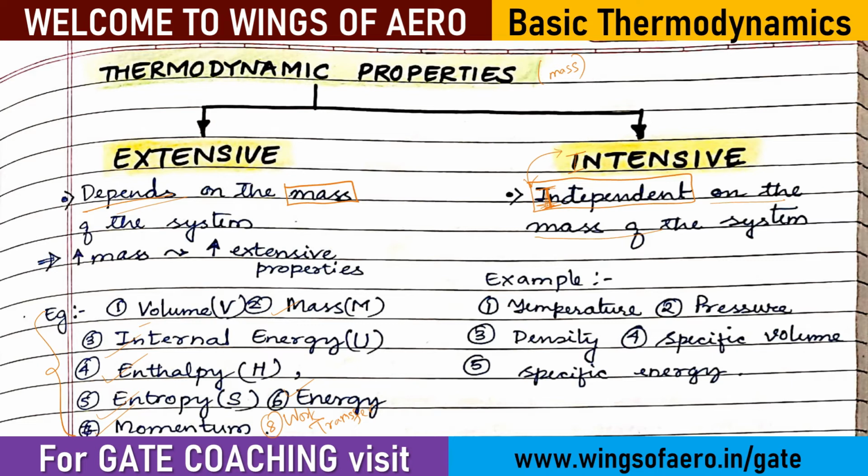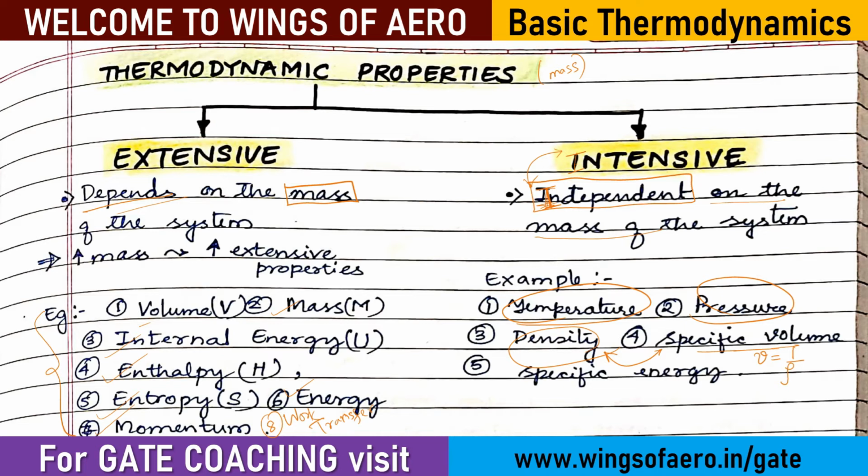Now let's see what are the intensive properties. Intensive means independent of mass. Okay. Now like temperature, pressure, density. Now see here, we are going to use specific volume. Now can you connect the relation between the specific volume and density? The specific volume, denoted as small v, is nothing but the reciprocal of the density.